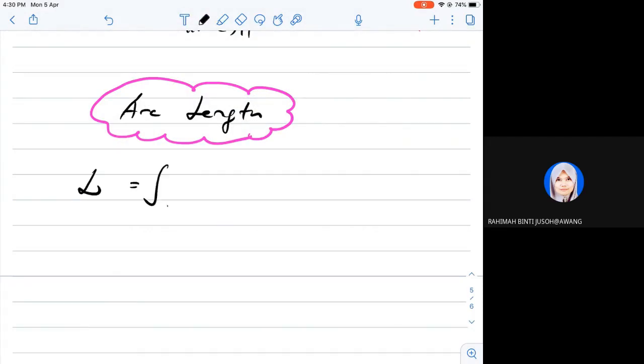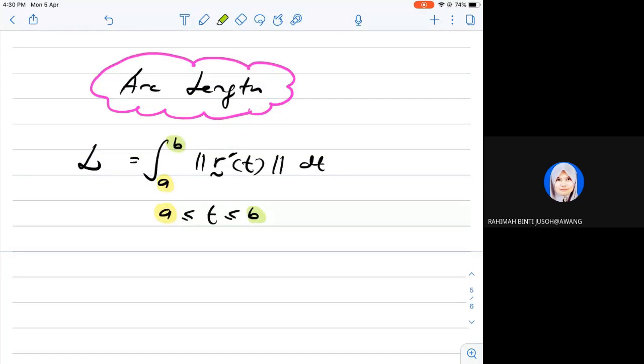And then we will have integration from a until b, magnitude of r prime t, dt. Okay, where t is actually the intervals of t from a until b. So maksudnya limit of integration kita a dengan b ni comes from this interval lah. Okay, macam tu. What is arc length, guys?